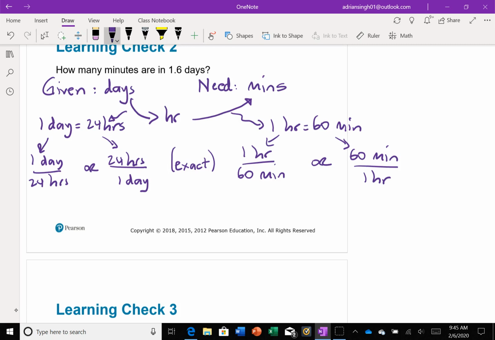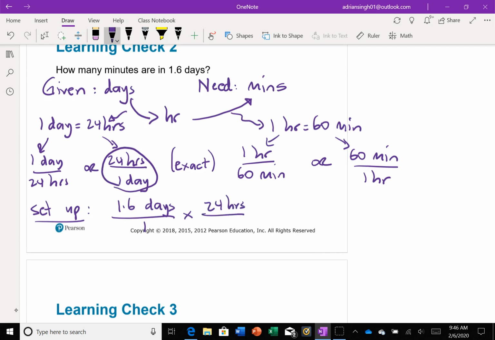So we organize our information, what we're given, what do we need, and in this case, what we're going to use to get there is to go through hours as our intermediate step. So when we set this up, we start with what's given, 1.6 days. Put it over 1. Our first conversion factor has to get us to hours, so we're going to choose the one that has hours on top. So 24 hours in 1 day.